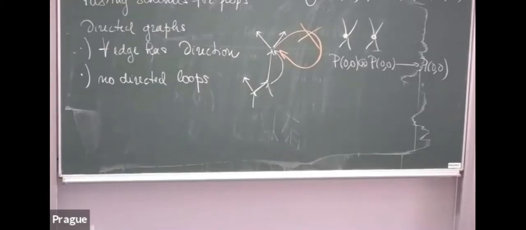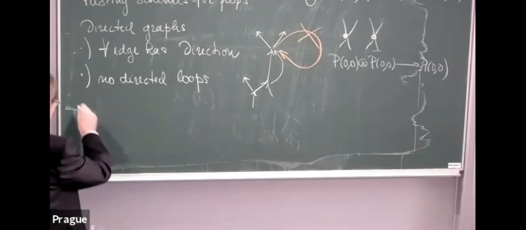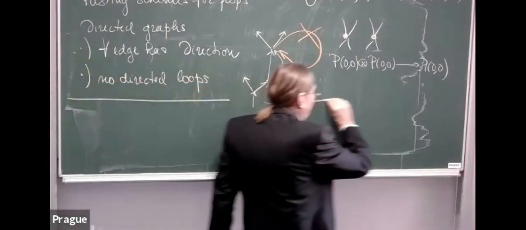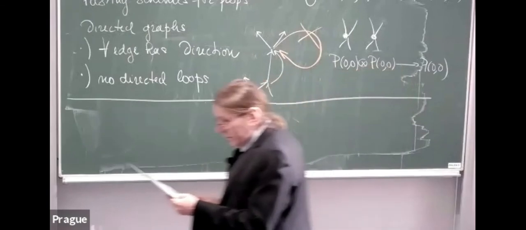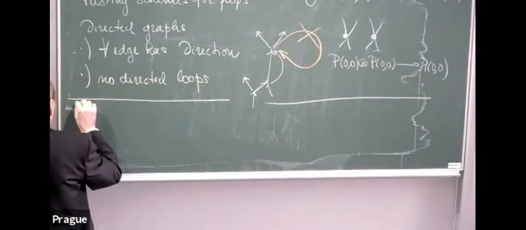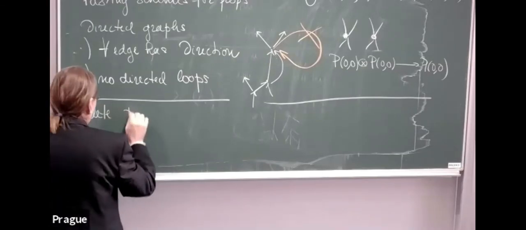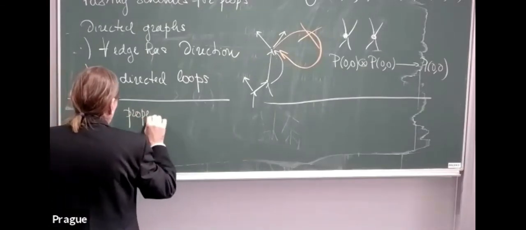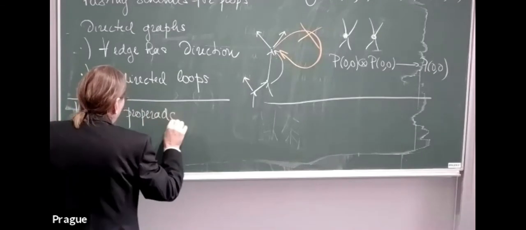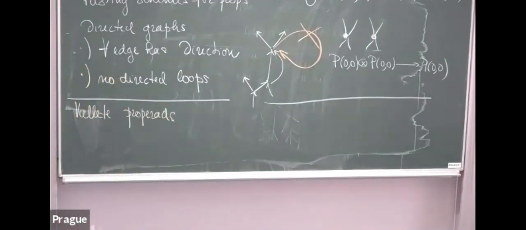I would say that in general props are not very nice objects, but there is a much nicer version which was introduced by Bruno. They are called properads. A properad is a prop whose pasting scheme is based on connected graphs.